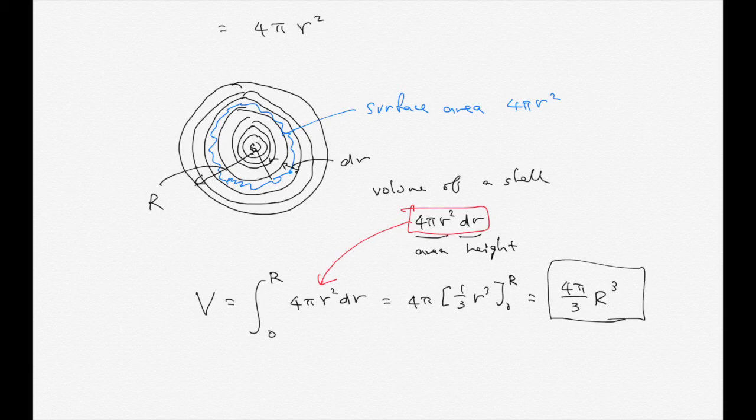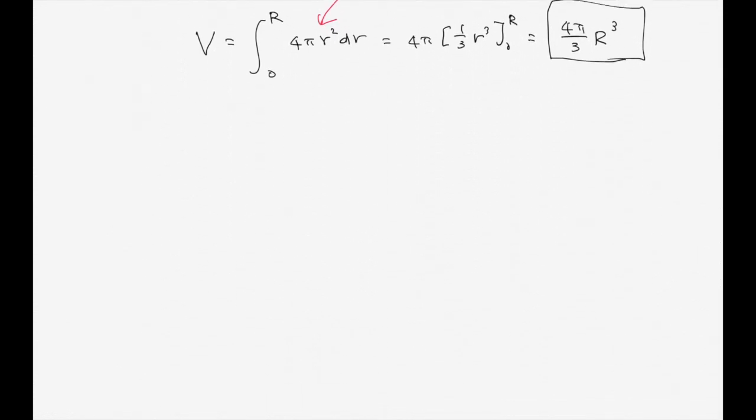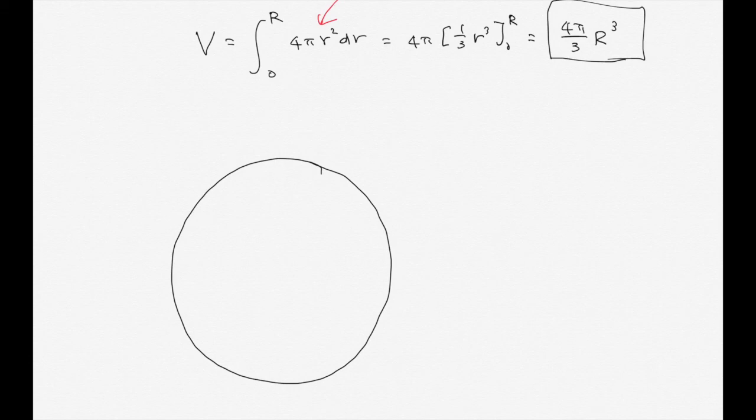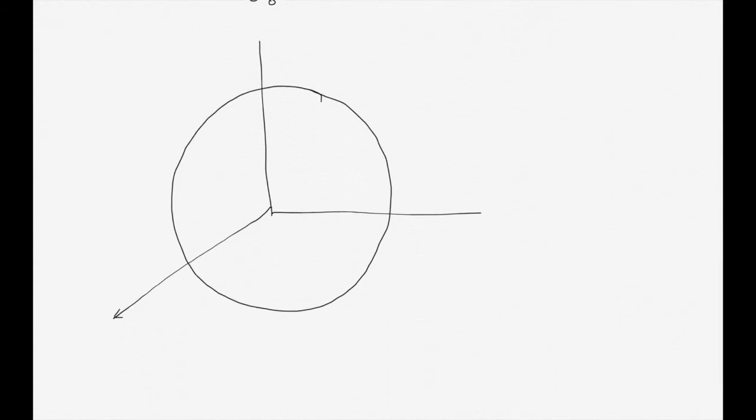Then I'd like to explain surface integrals. Sometimes we'd like to find the surface integral of a vector quantity over a sphere. So this is the solid sphere we'd like to consider. Then, as usual, we draw the Cartesian coordinate x, y, z.